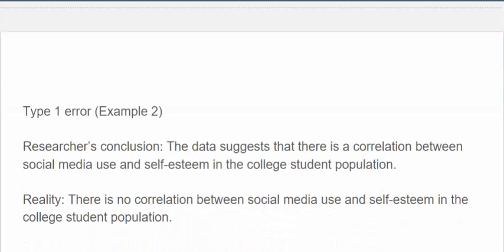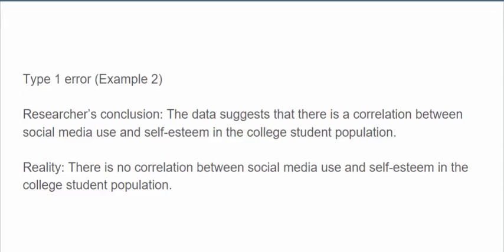Now imagine that a person wants to know if there's a difference in self-esteem between social media users and non-users, and the person gathers some data and looks at the data, and the person concludes that I'm confident that there is a relationship between social media use and self-esteem in the college student population.